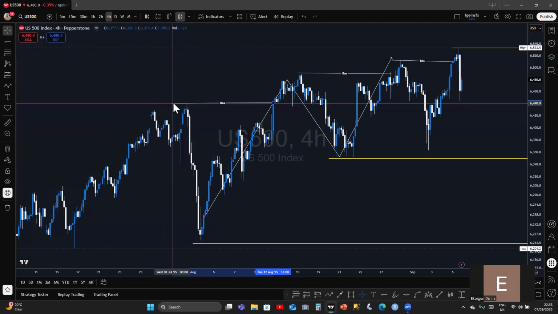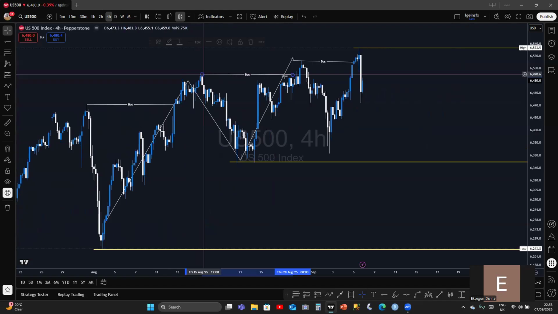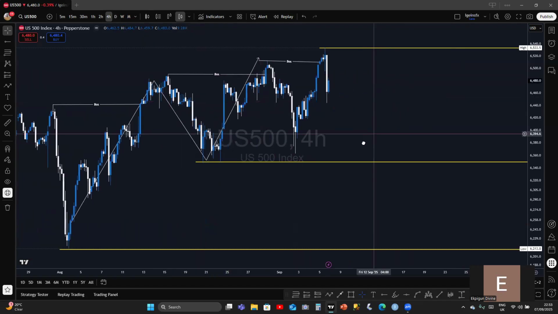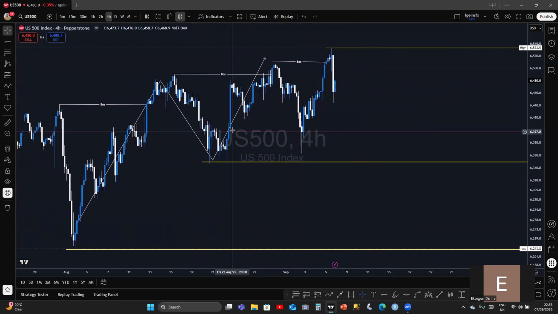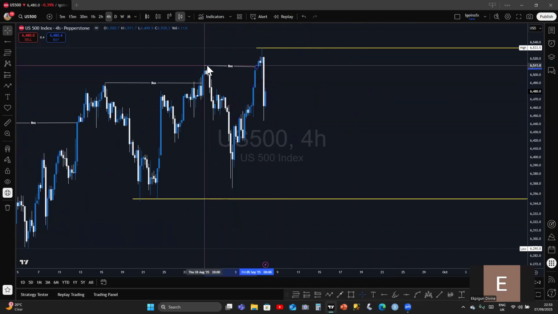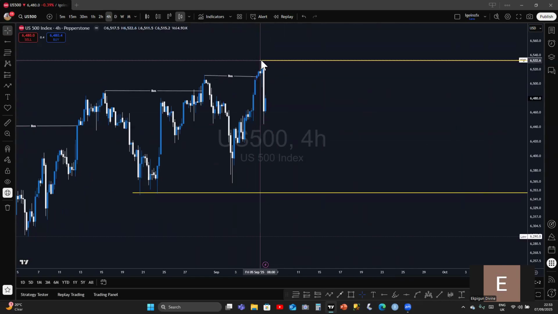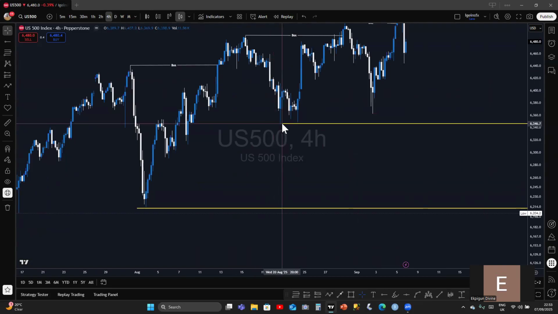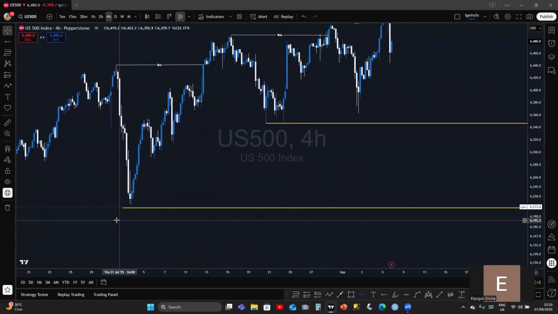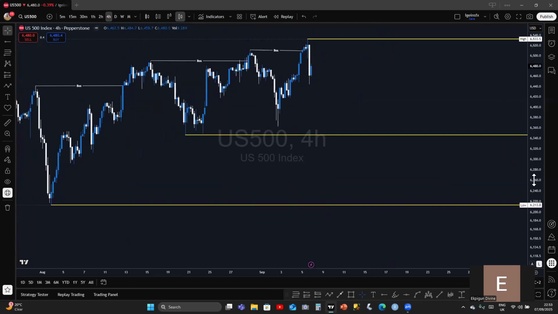All these breaks of structure, we need to adjust them. Then the support down.